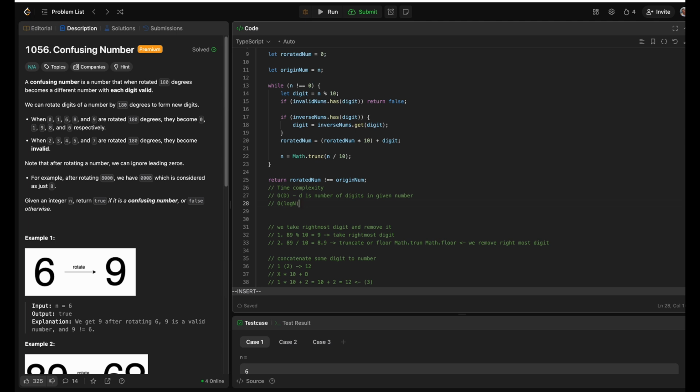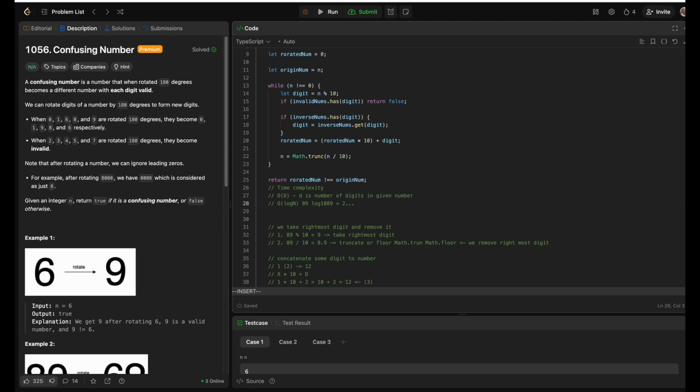For example, if we have 89, we take the logarithm base 10 of 89, it will be 2 or some more, some fraction, I don't remember exactly.